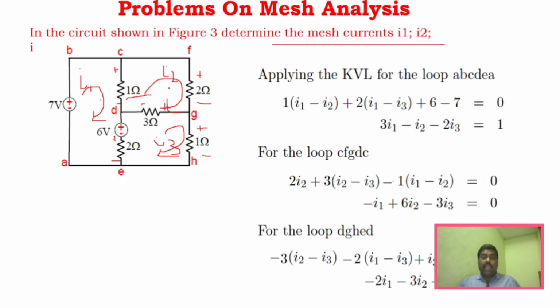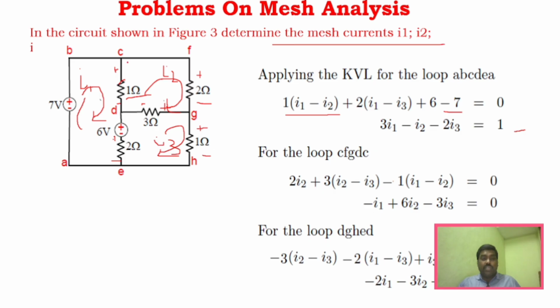So it will be I1 and I2 here because this resistor is common for both I1 and I2. So I'm writing it as I1 minus I2. If you take this 2, it is I1 minus I3 because it is common for I1 and I3. In this approach, we are approaching this 6 as plus, whereas here we are approaching towards this side, so it is minus. Right? Same as the previous problem. So you can simplify this expression and apply this.